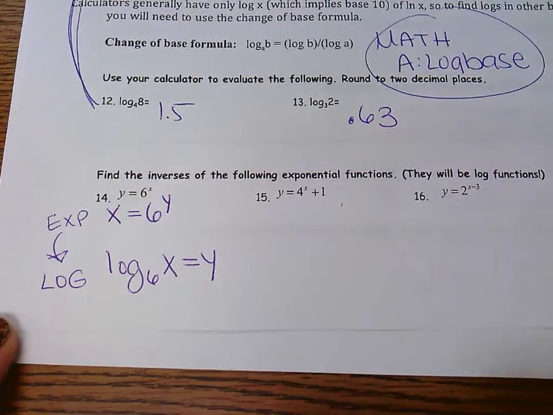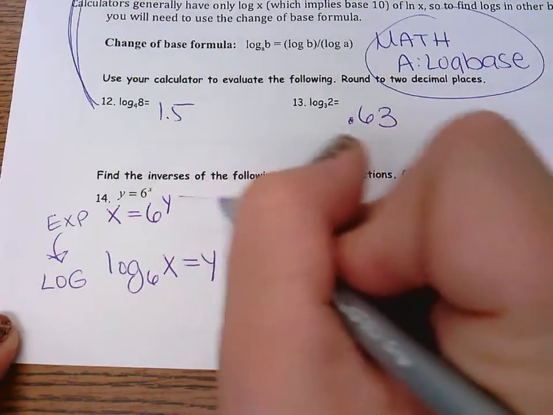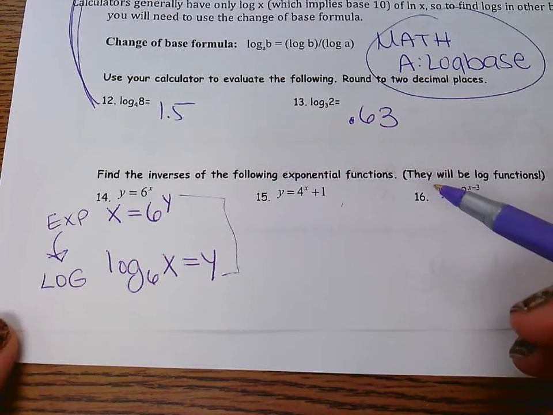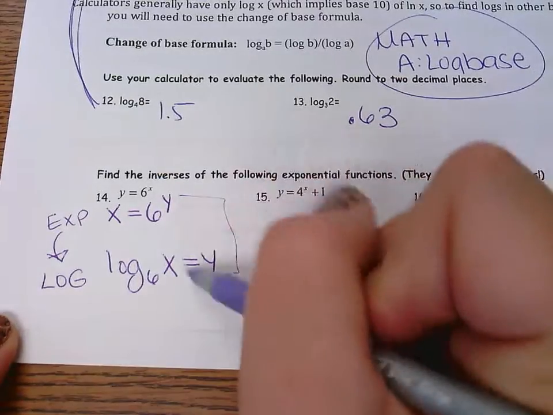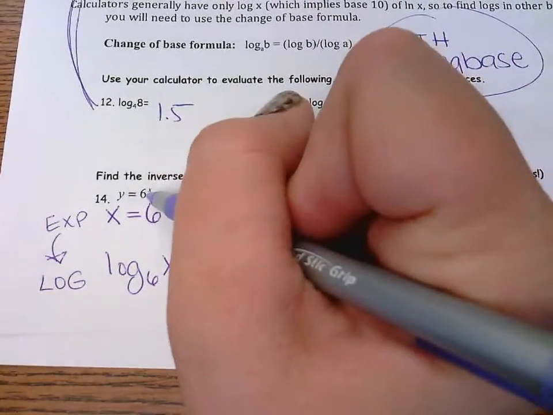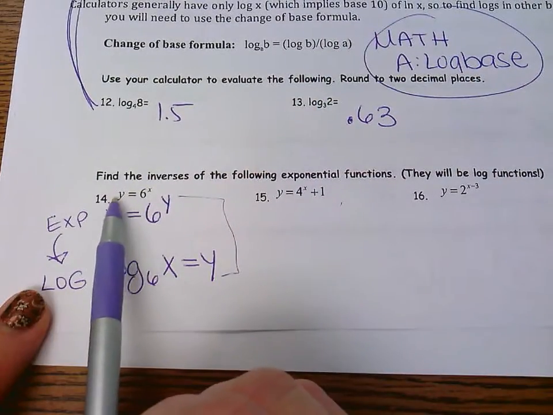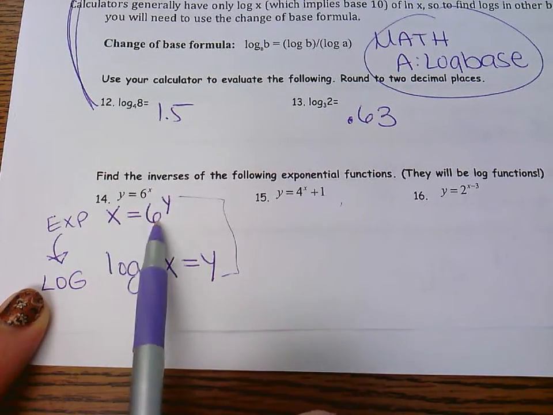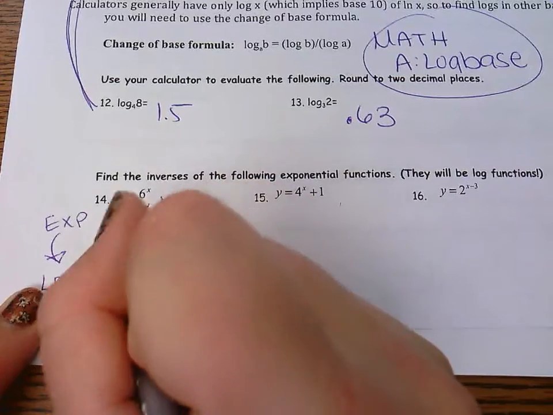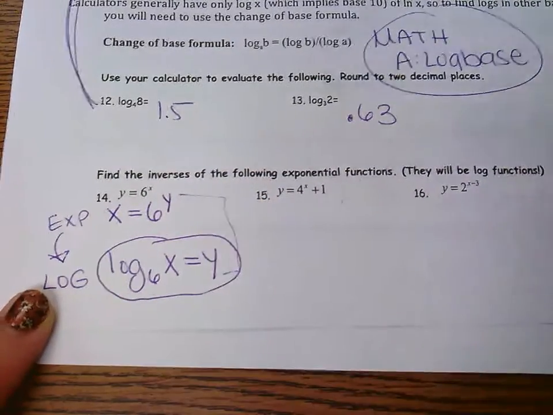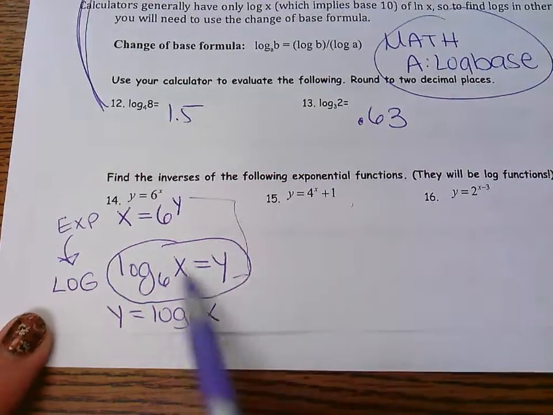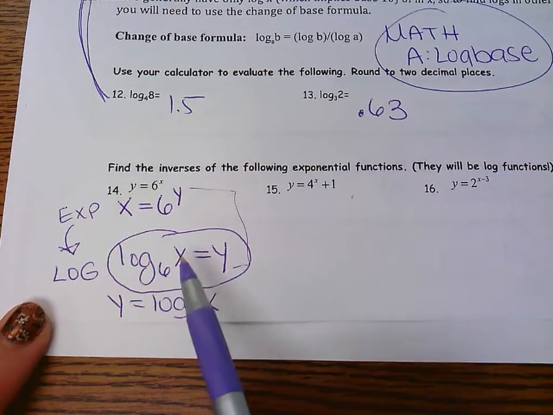These two in purple should be equivalent expressions for logs and exponents. The two in purple are different from the starting function, because the starting function had y equals 6 to the x. This function is x equals 6 to the y. So this is my inverse function. If you want to write it as y equals log base 6 of x.